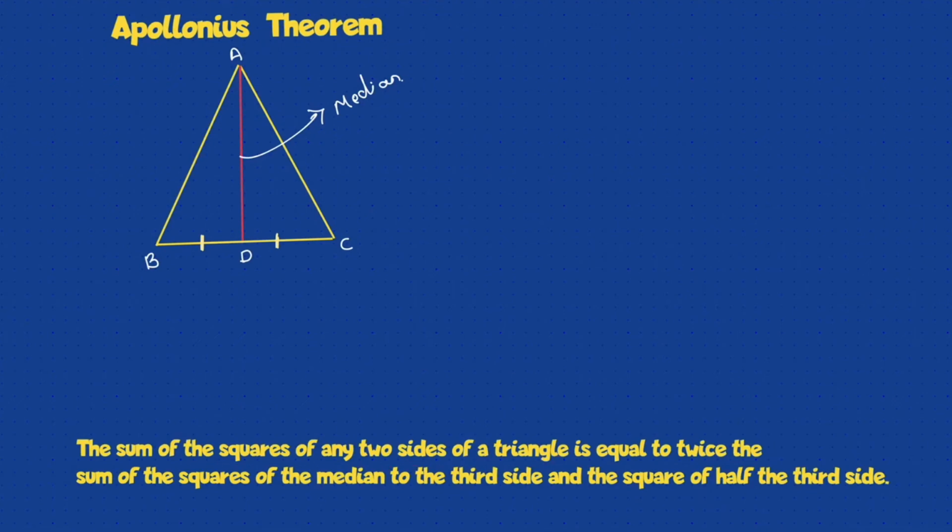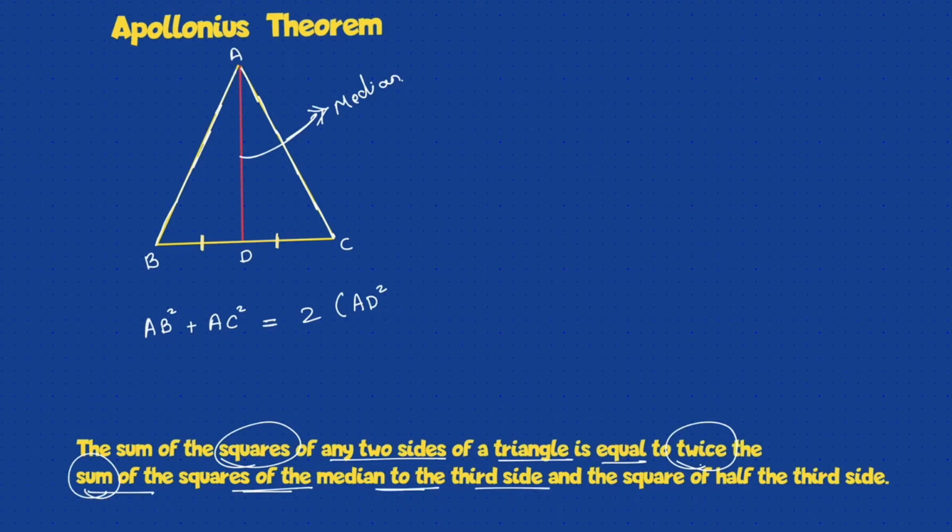The sum of squares of any two sides of a triangle. Okay, so two sides, I'll take AB and AC. The sum of squares of two sides of a triangle is equal to what? It is equal to twice the sum of squares of the median. Okay, what is the median in this triangle? AD. So it is equal to twice the sum of the square of the median and the square of half of the third side, right?